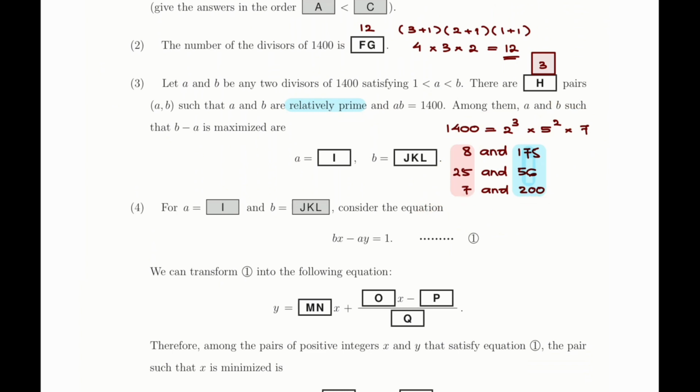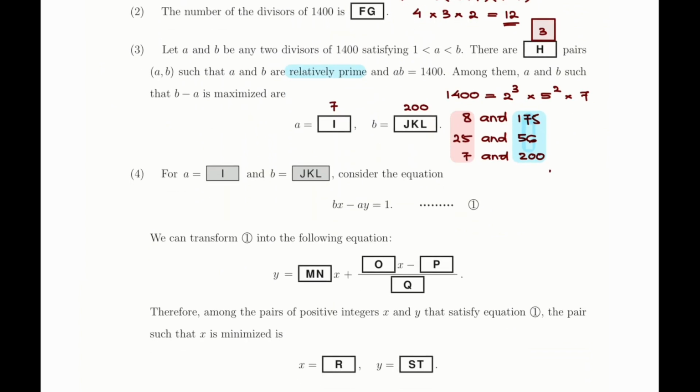So my answer is 7 here, 200 for J, K, and L.